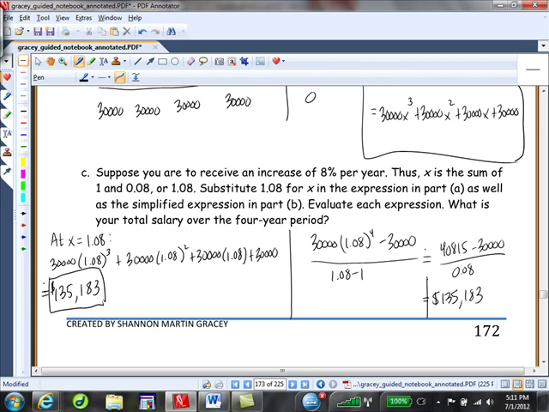All right? So they match, and that's what the point of this problem was.